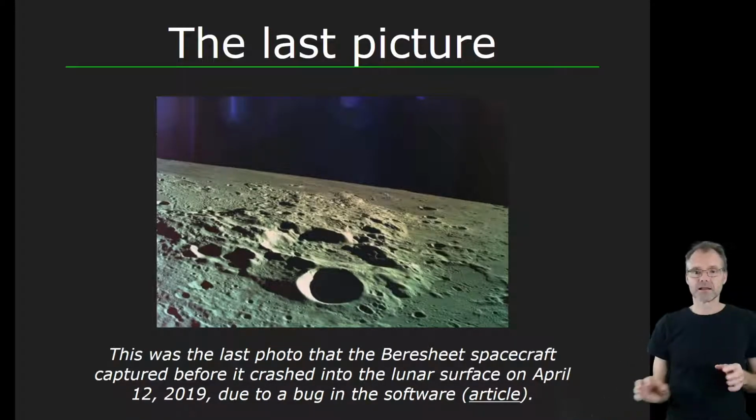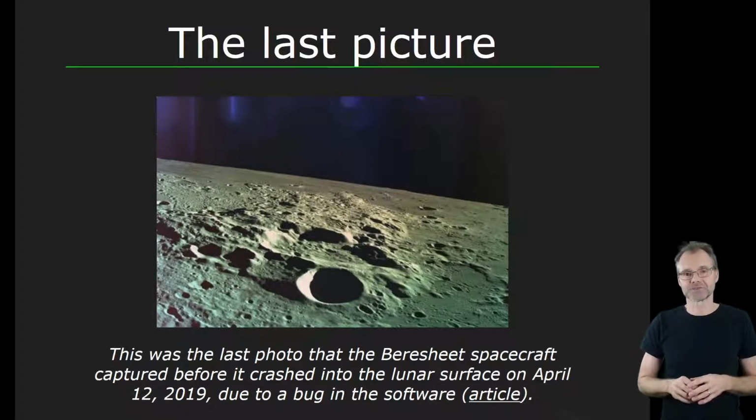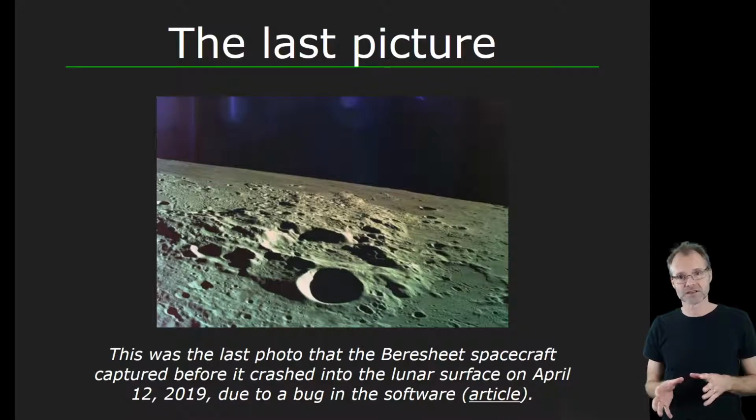This is the last picture of a spacecraft trying to land on the lunar surface, a couple of years ago, a year ago. And it is the last picture because just a few seconds after this, it crashed down onto the surface. The reason why it crashed was a software bug in the steering system of the spacecraft.